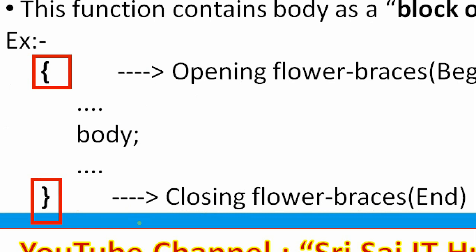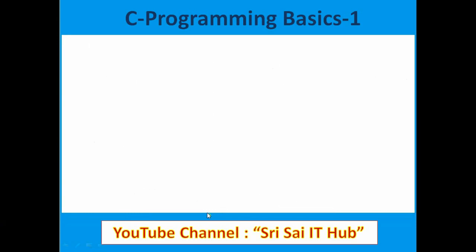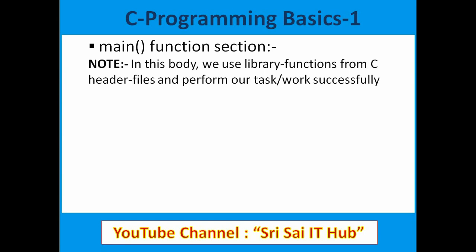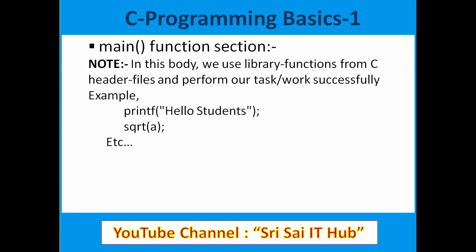Now inside this body we have to write our code, our set of instructions, and inside this body we can also use predefined functions like printf, square root, and many more functions which are provided by C header files or library files.